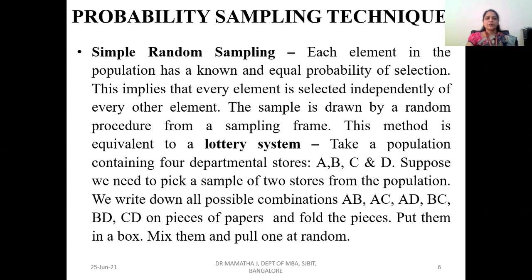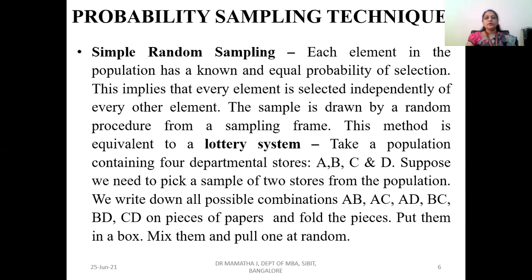You are picking using some method. Again, under simple random sampling, you have two types. One is the lottery method and the other one is the random number table method. You use either the lottery method or the random number table method to pick the sample from the population.